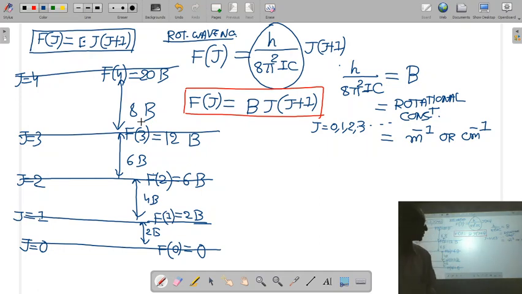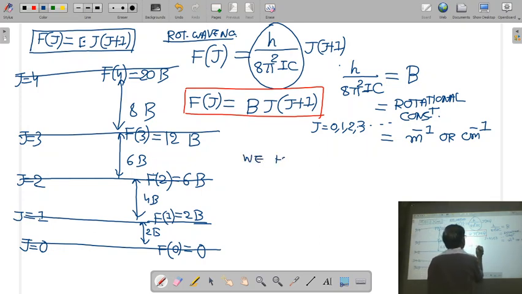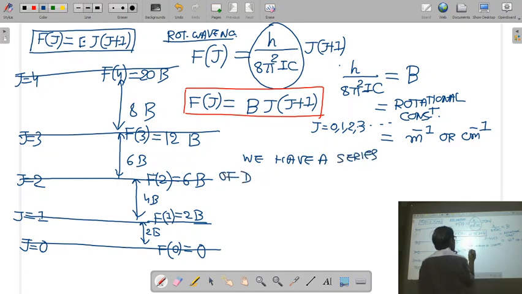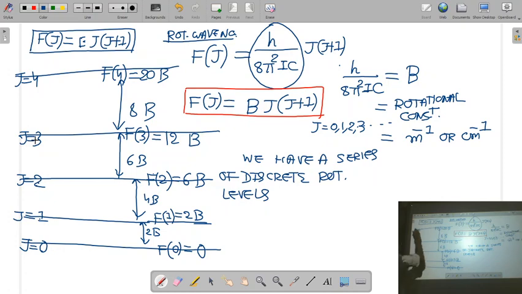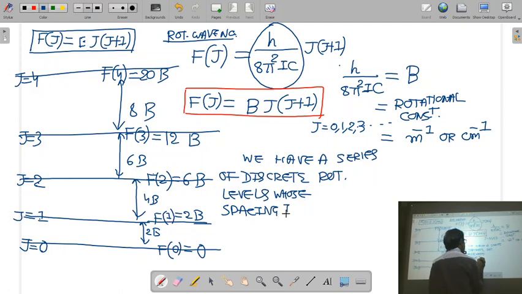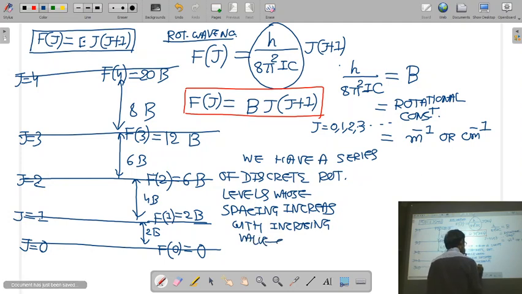So we make a statement: we have a series of discrete rotational levels denoted by J is equal to 0, 1, 2, 3 and so on, whose spacing increases with increasing value of J. As the value of J increases 0, 1, 2, 3, the spacing between successive rotational energy levels also increases.